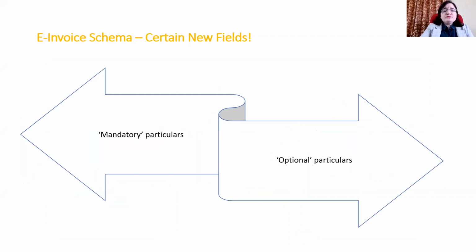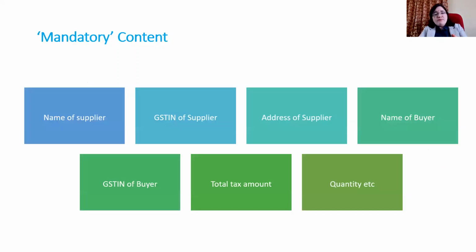Now, if you see the schema or the utility of the government portal for generation of the e-invoicing, there are certain mandatory particulars in the schema. If there is a red mark, then that is a mandatory particular and you are required to give those details. And there are certain optional parameters, where the details can be given or not.